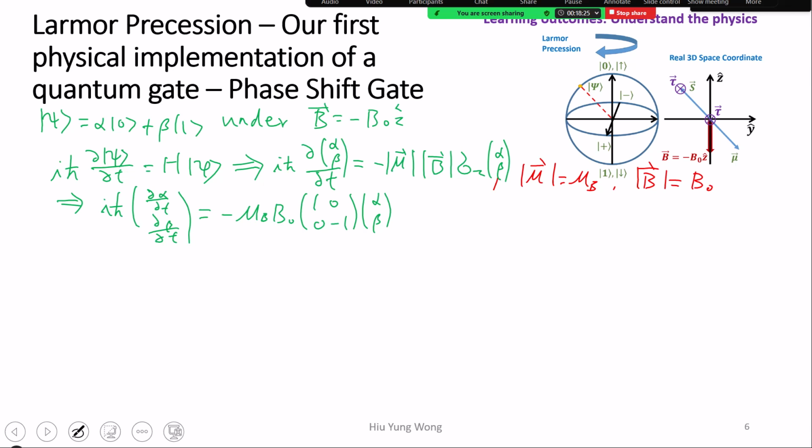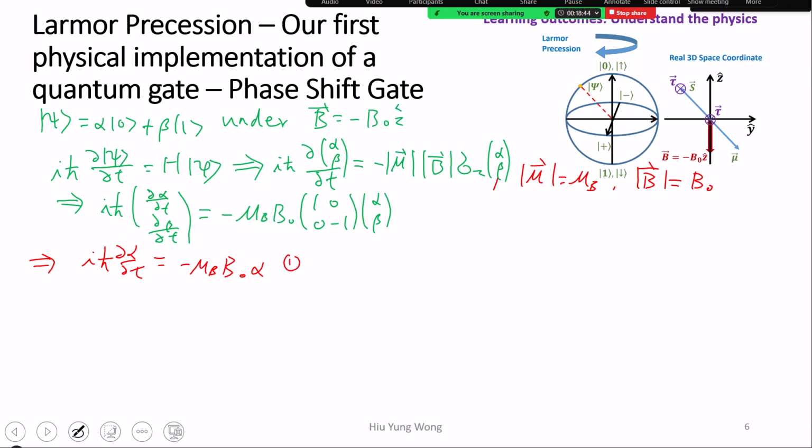And this gives me two equations. Which two equations? The first equation is i h bar partial alpha partial t equals negative mu B B0 alpha.